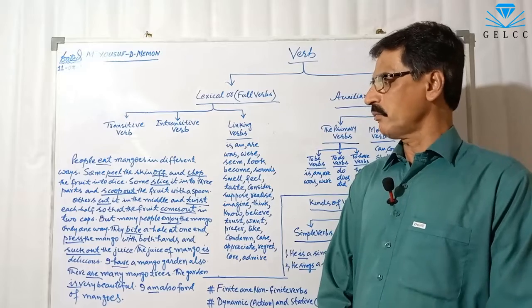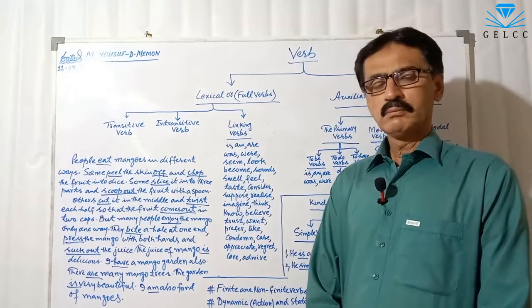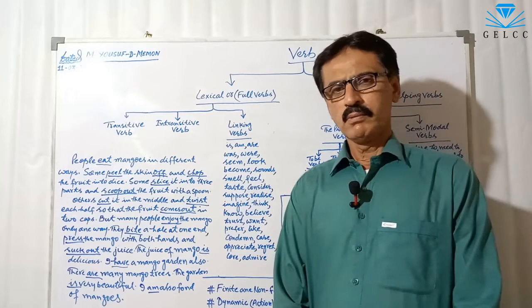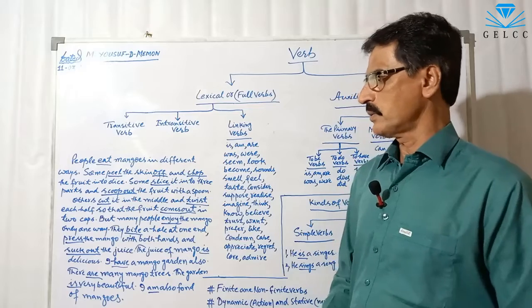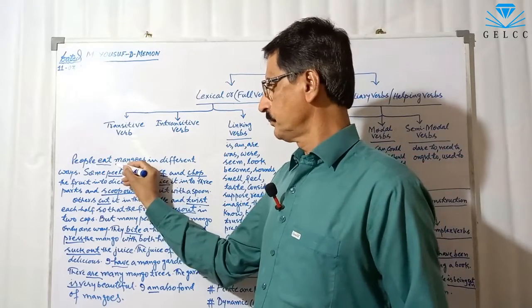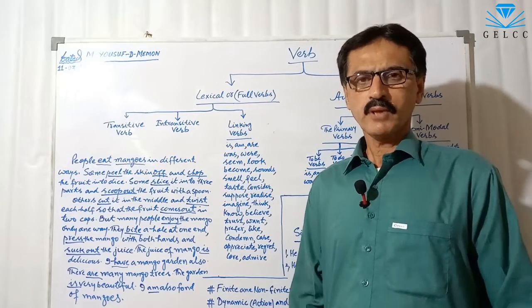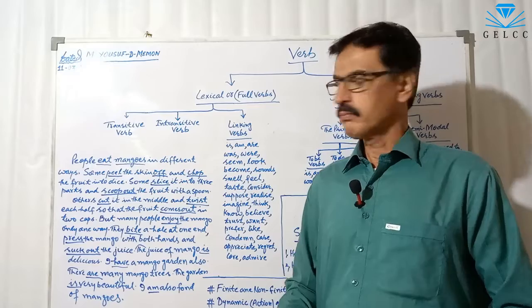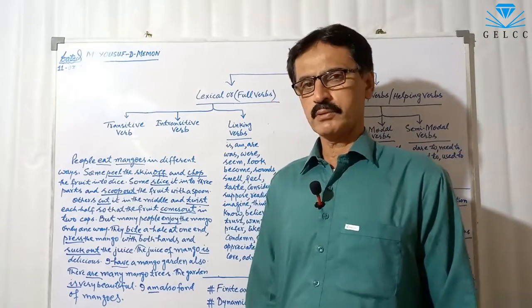What is a transitive verb? A transitive verb is that verb which has an object. Look at the first sentence. People eat mangoes. Mangoes is the object of the verb eat. People is the subject.